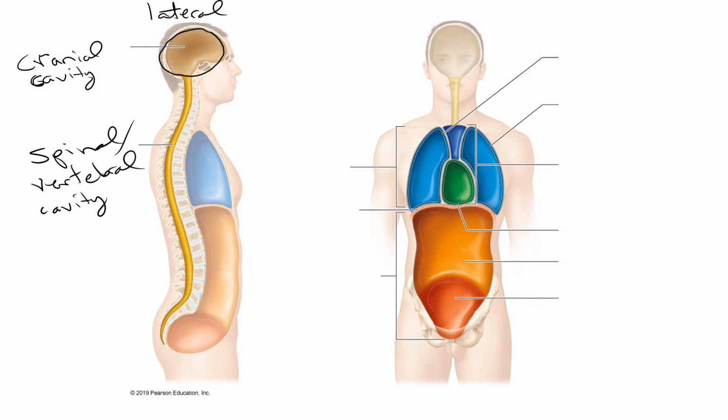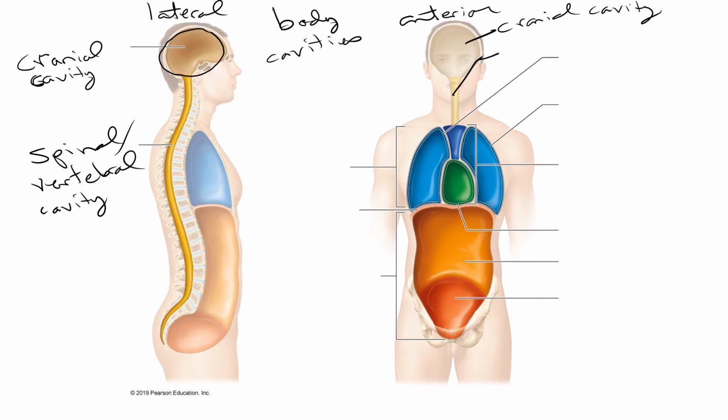And then on this side, this is the anterior view. So we have the cranial cavity again here, and the spinal or vertebral cavity.